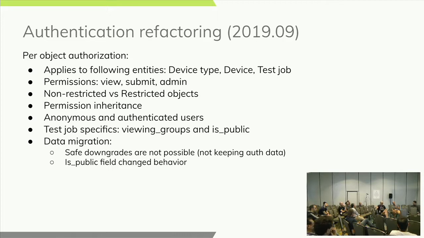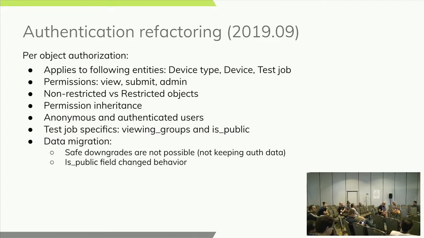I don't want to get into much more detail, but what we decided to do is use the existing Django permissions authorization system and expand it to support per object authorization. Essentially, it means that you can control user permissions on individual objects in Lava.